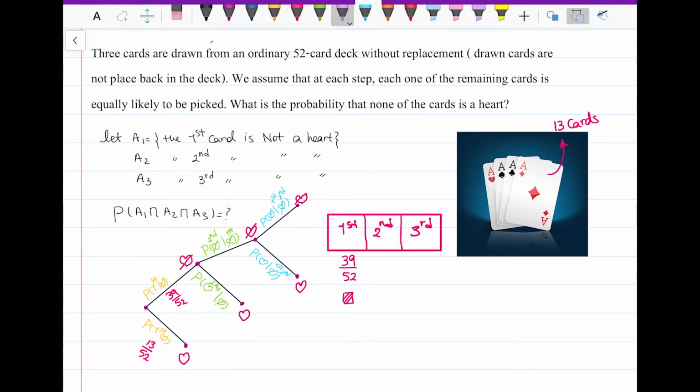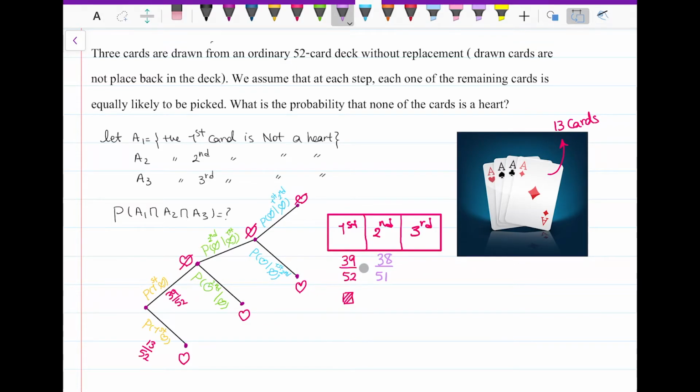Now, what is the probability here? I draw the first card, and it was not a heart, it was something else. Since I don't have replacement, I have 51 cards left. Out of these 51 cards, the second one, I don't want it to be a heart. So it would be from the other 3 categories. They had 39 cards in them. I picked one of them, so I am left with 38.